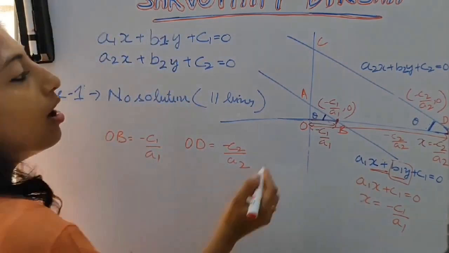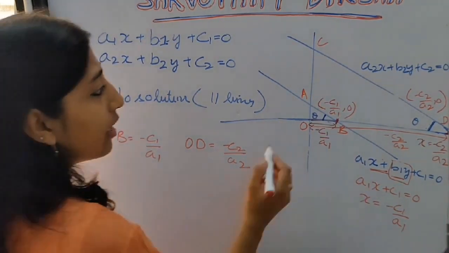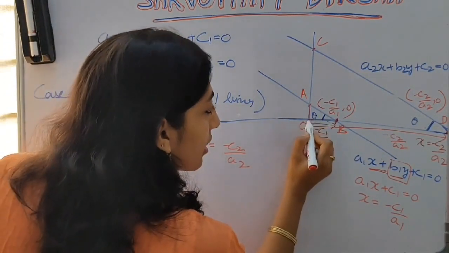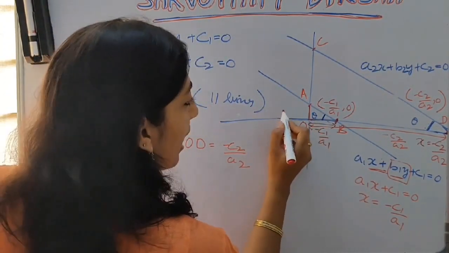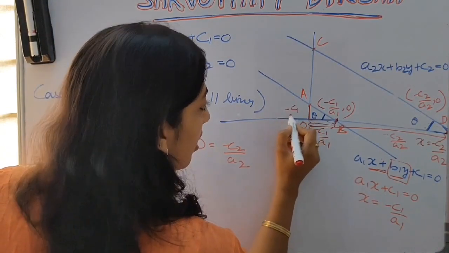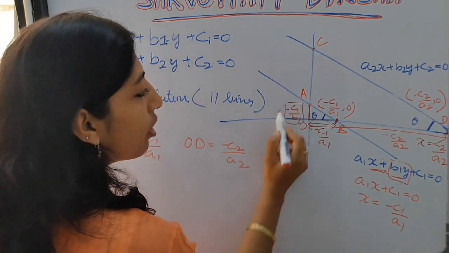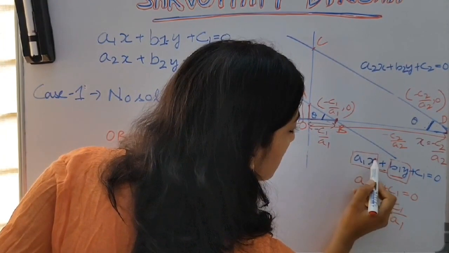Same way, on my y-axis, my x coordinate is 0 and I can get coordinate of these 2 points. This length will be nothing but minus c1 upon b1. How have I got minus c1 upon b1? I have put my x coordinate as 0.